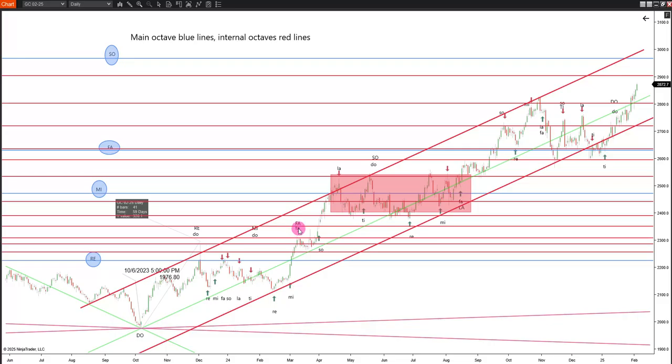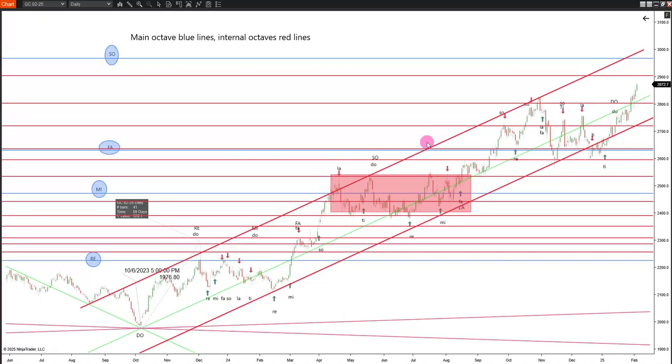The large octave and the internal octave came in at this price level that kicked it back into that downward consolidation. And then at the mi tone, the next important level up, that whole area became an area of consolidation, and then you can see how we bounced off the internal octave levels on those red lines throughout that whole process.